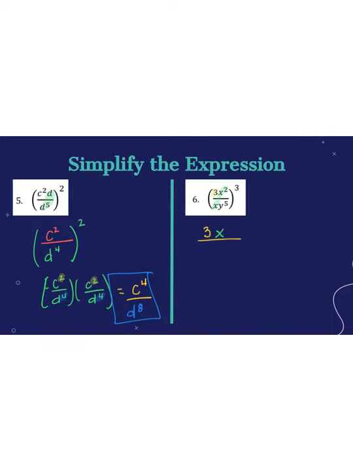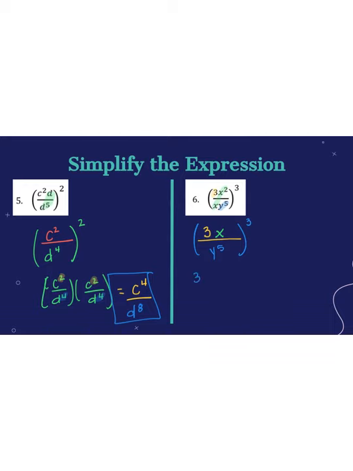Okay? Then I'm going to look, and I have a y to the fifth on the bottom. I don't have any other y's in that whole problem. So that y to the fifth just stays on the bottom. And then I'm going to put parentheses around it again, and that 3 goes on top. Remember, when you have that exponent of 3 on the outside, that means you have to do it 3 times.